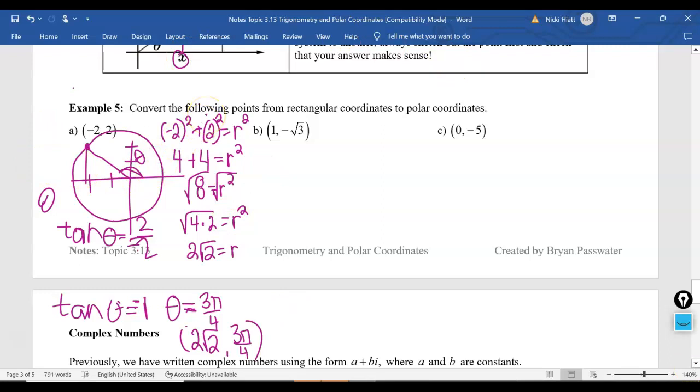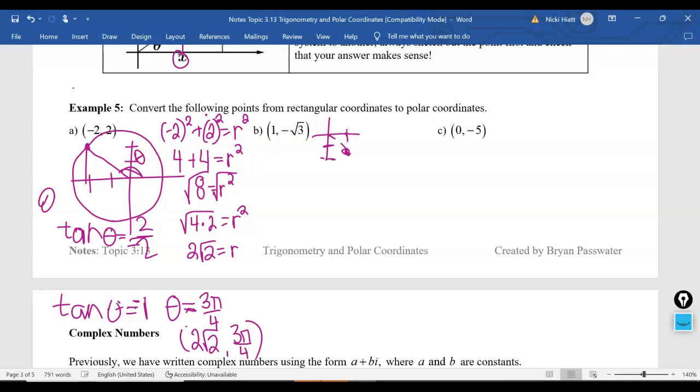If we think about B, you've got 1, negative square root of 3. So if we just graph, we have an x coordinate of 1 and a y coordinate of negative square root of 3, which is somewhere between 1 and 2. So we're looking at about right here on our graph. So we will be in the 4th quadrant there.